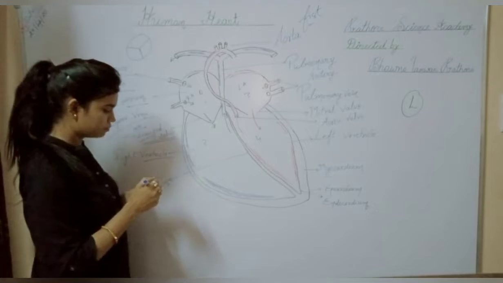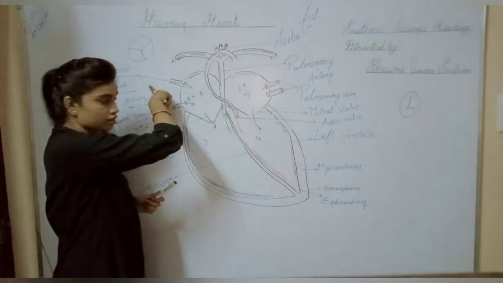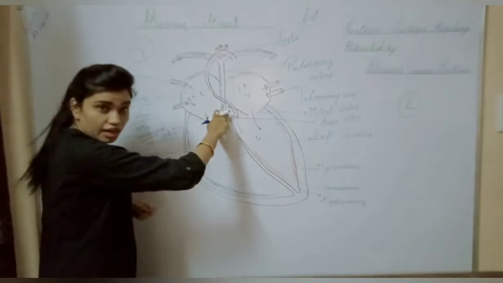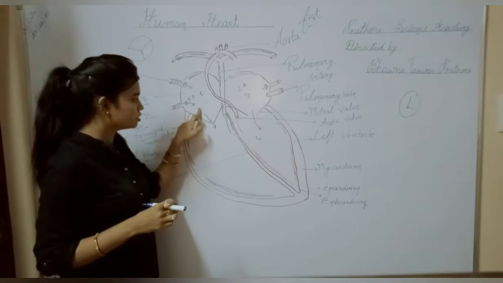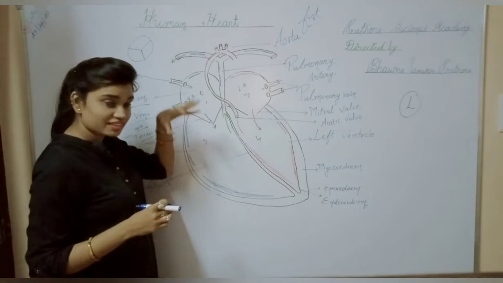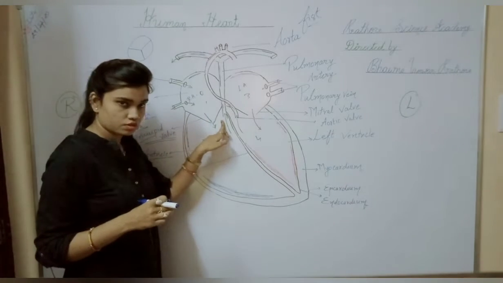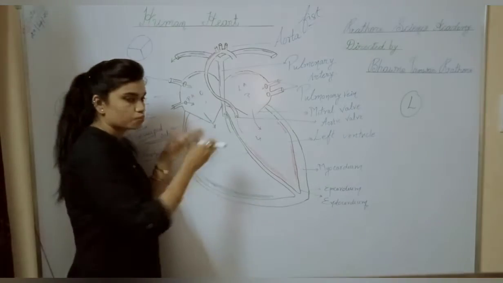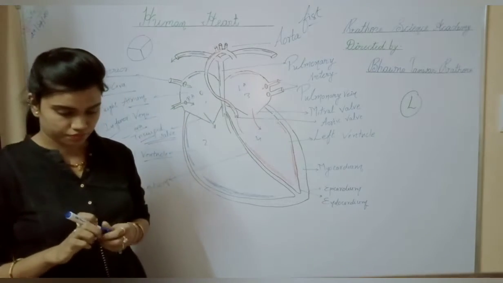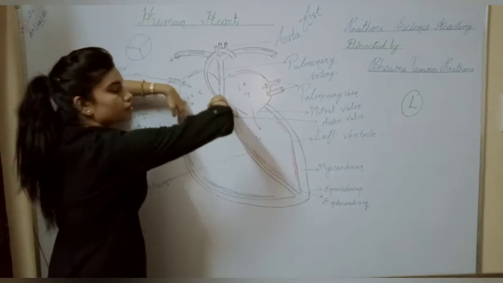Okay, so when blood comes from the brain through the superior vena cava and from the inferior vena cava to the right atrium, the blood starts to create a pressure. Through this pressure, this wall, known as the tricuspid wall, gets open. That means this wall opens like this.